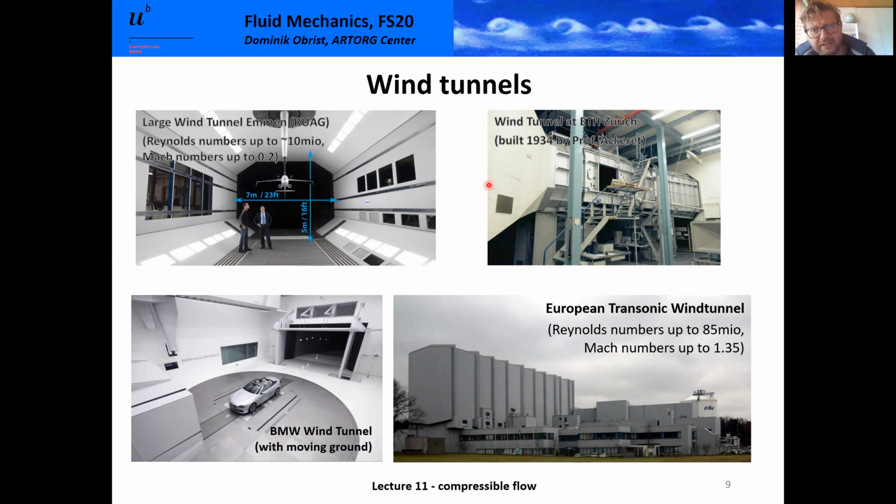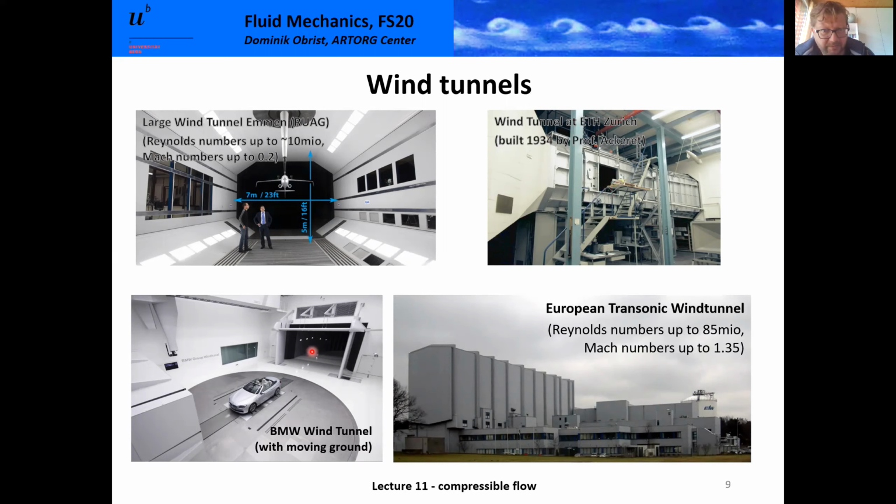You see here the funnel which collects the incoming air, and there's actually a loop going 1.5 stories down and coming back on the other side. So the whole installation is about 3 stories high. So that's quite a large construction for just a few meters by a few meters of test section.